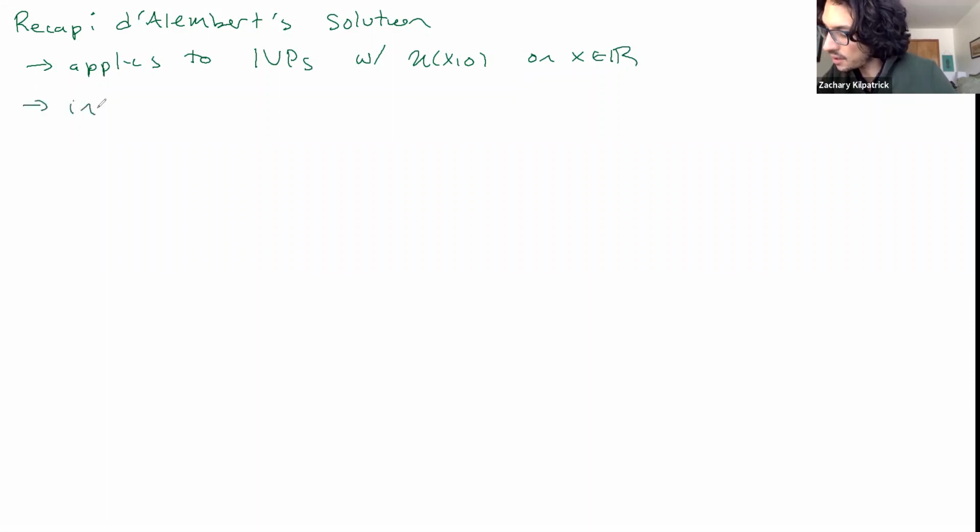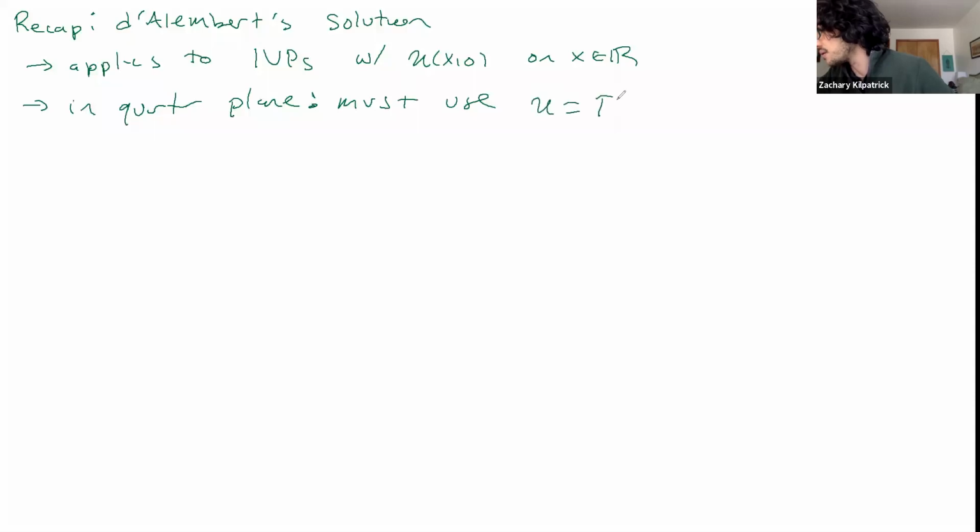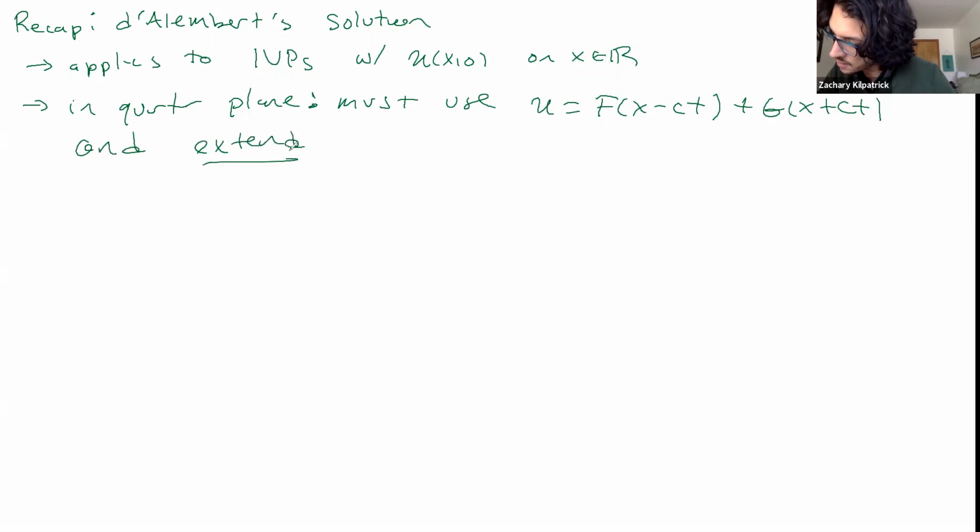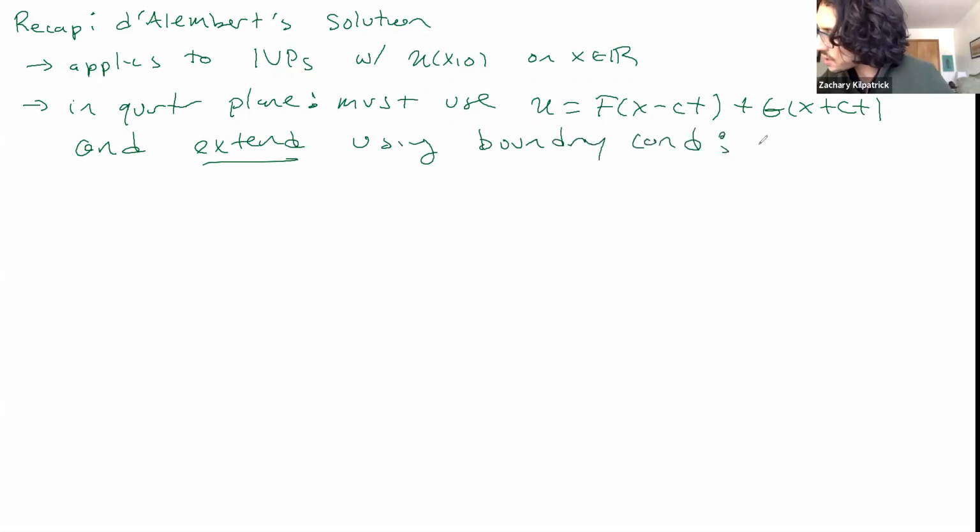And when we have the quarter plane, we have to use a method of extension, essentially, where we use the general form of the solution using the boundary condition.